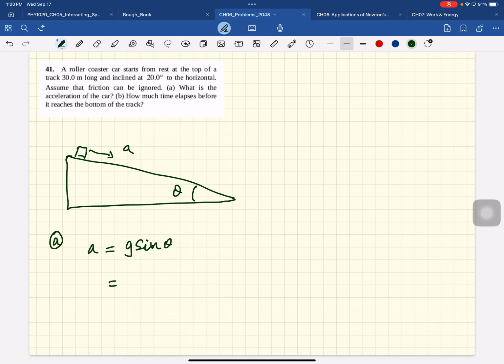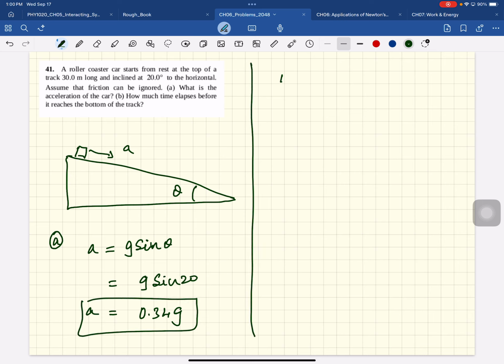So this is G sine 20 degrees. And then they ask you how much time elapses before it reaches the bottom of the track. So how long does it take to get there?